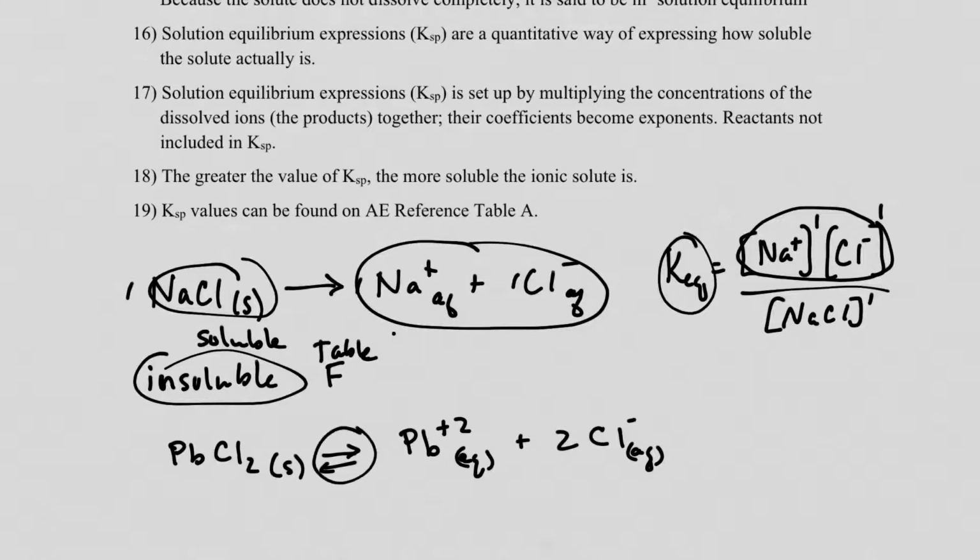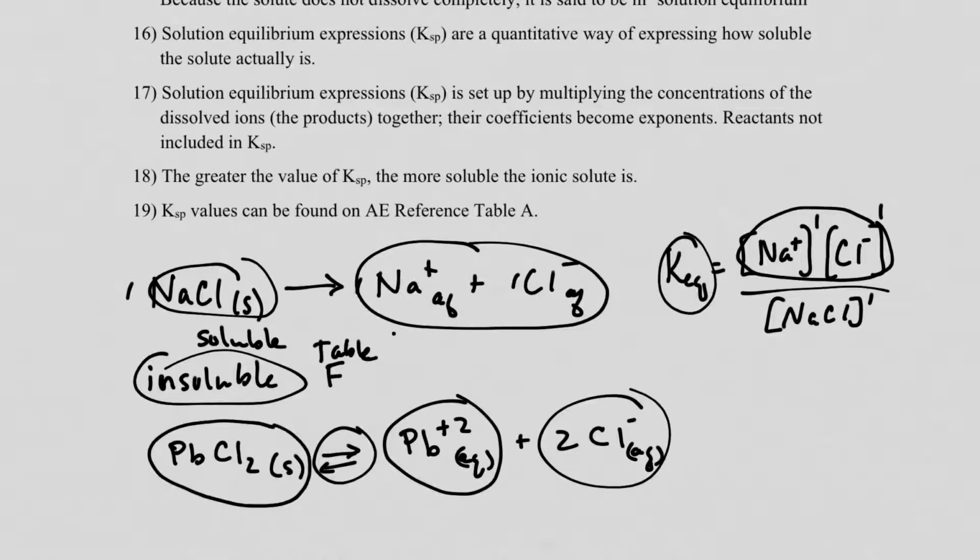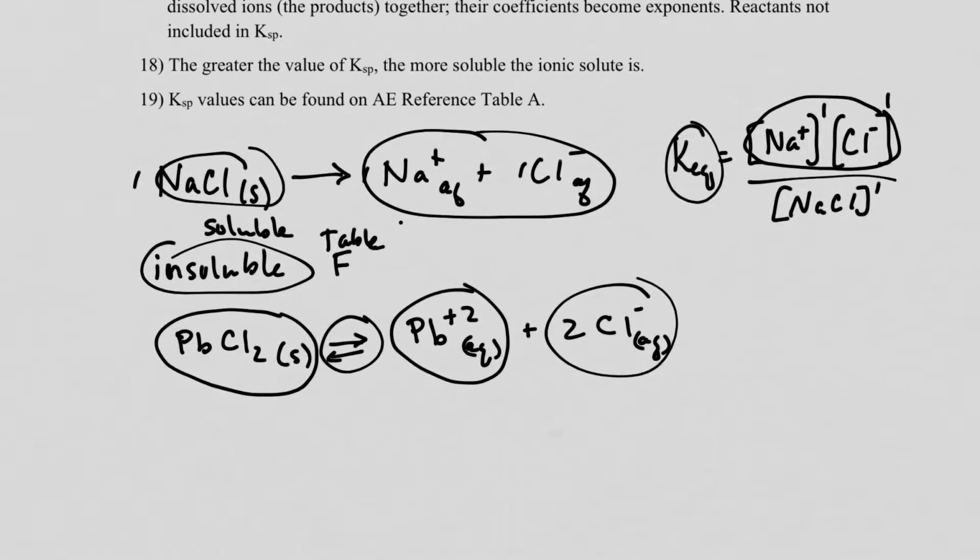And so notice that this is going to be written up as an equilibrium. The idea here is this. There is so very little of the lead and the chloride ions, and by comparison there is so much of the solid lead chloride that this equilibrium expression is only written with the products.